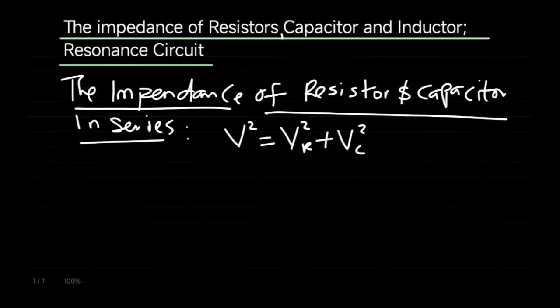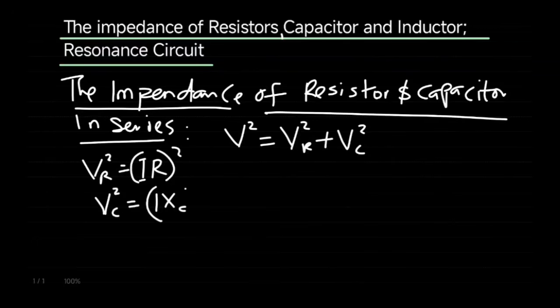So therefore, we say that our VR is equal to I times R, and our VC is equal to I XC. And since these parameters are squared, we are going to be squaring these parameters too.